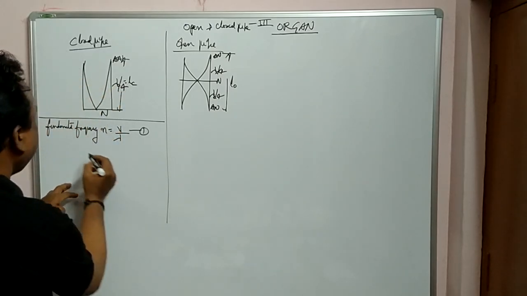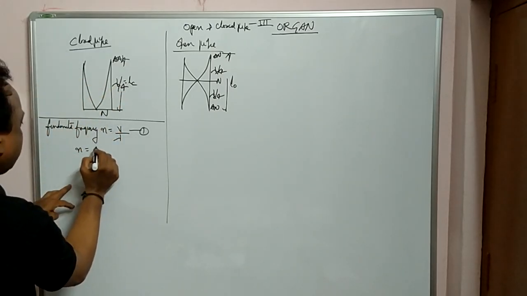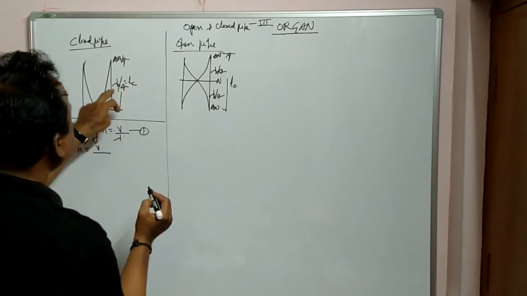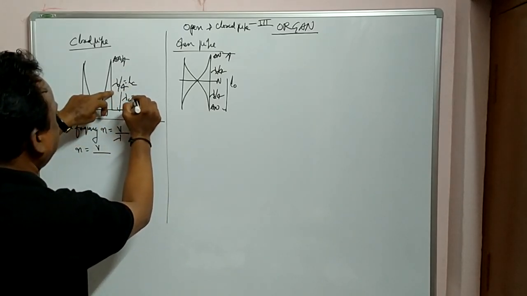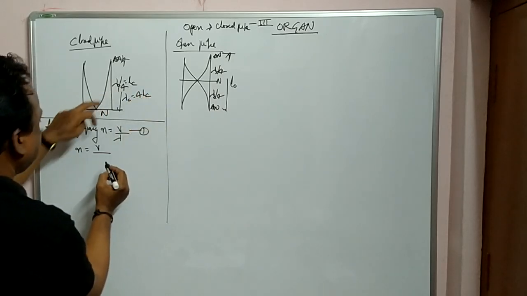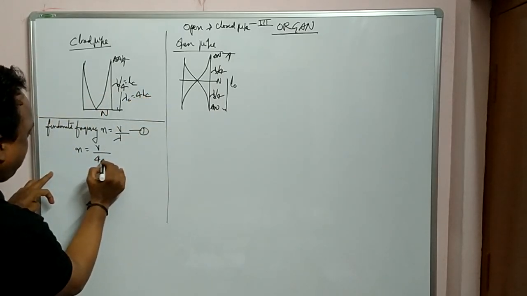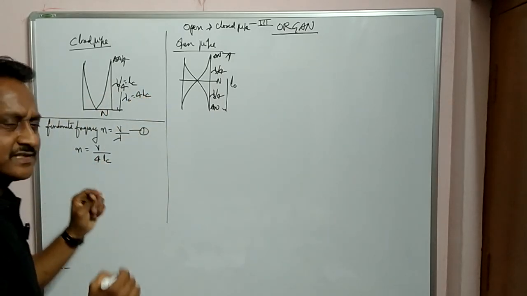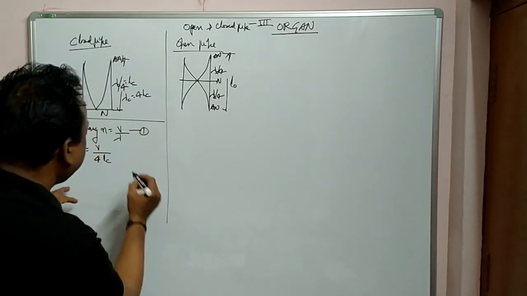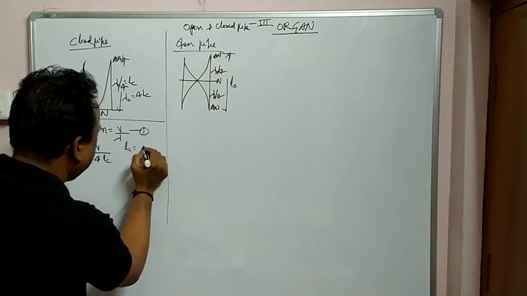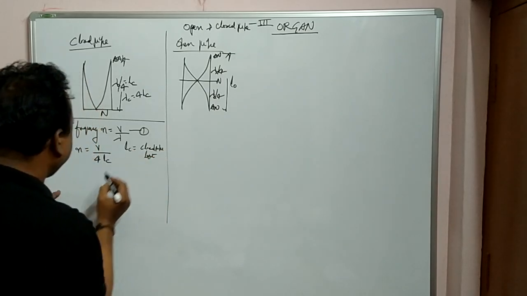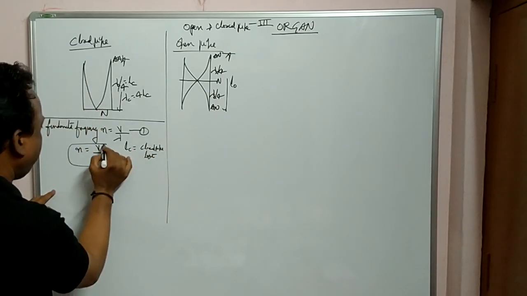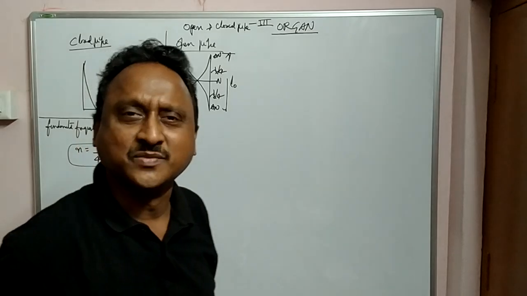Now what is the length here? What is lambda here? Lambda closed is equal to 4Lc. So in the place of lambda I can write 4Lc. Here Lc means the length of the closed pipe, and I am using the suffix here. So n = V/4Lc is the formula for the fundamental frequency of a closed pipe.